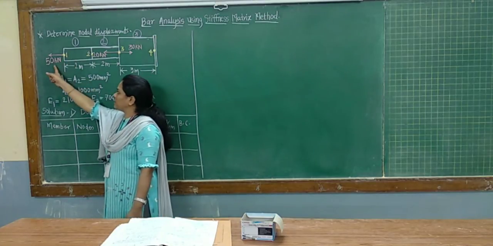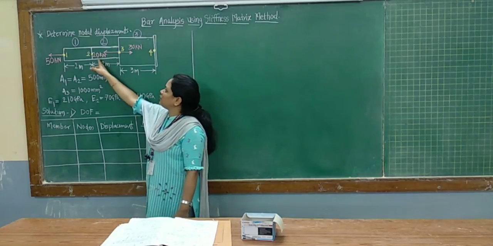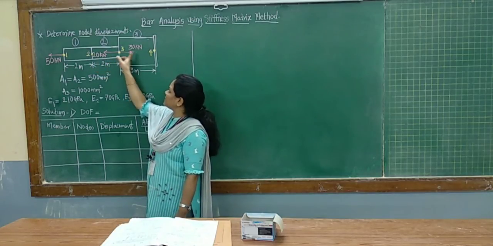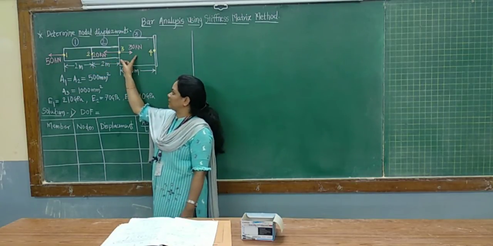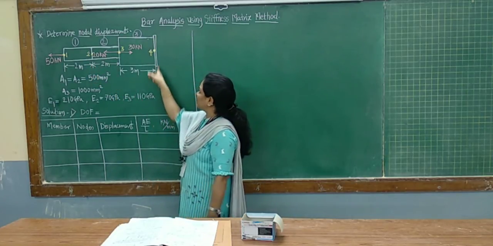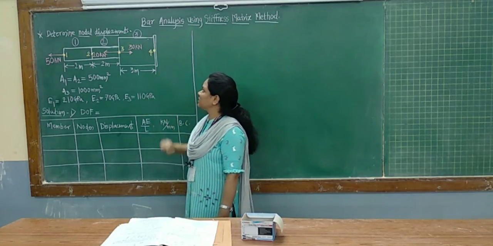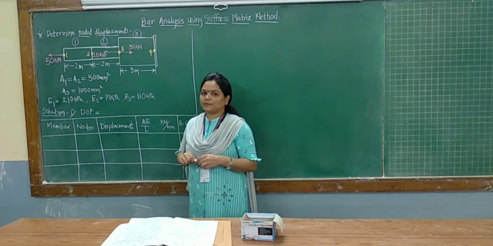At node 1 there is a 50 kN load in the left direction, at node 3 there is a 20 kN load in the left direction and a 30 kN load in the right direction, and here is the fourth node, the last end, which is fixed.